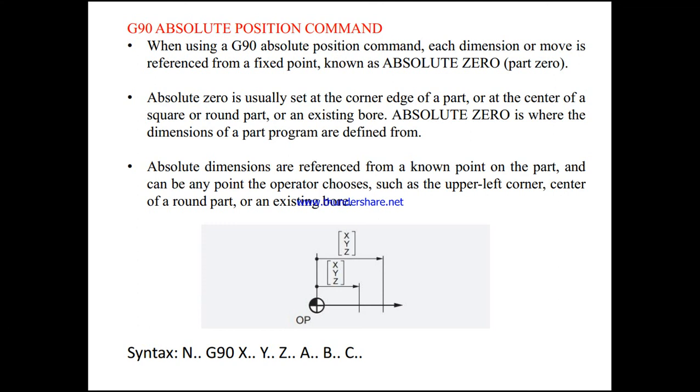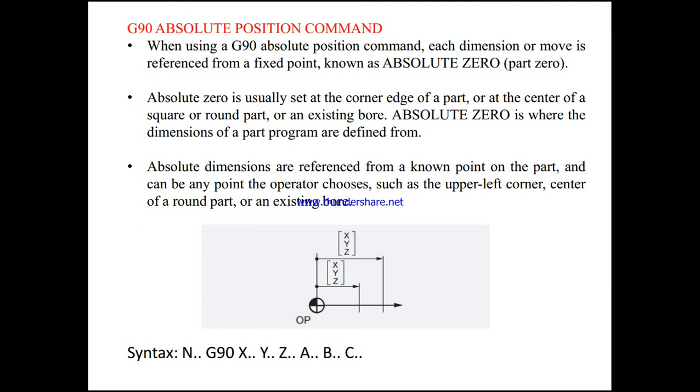If we are going to define from the center of the part, we have to place it at the center. If we are going to have a program for the exact corner of the part, we have to give that as 0. So based on the programming, we can define the 0 point, that is nothing but the reference point.